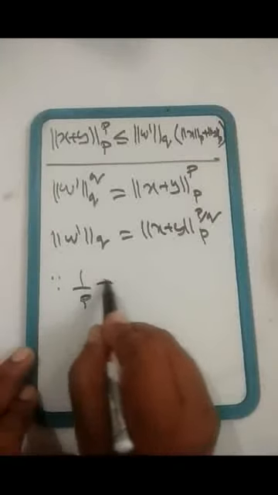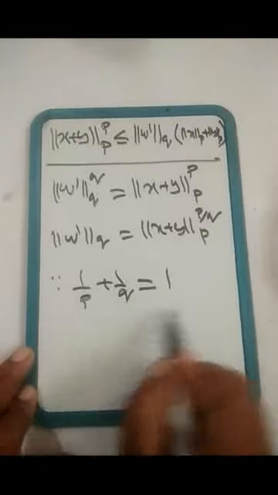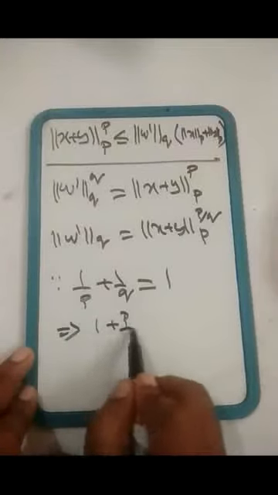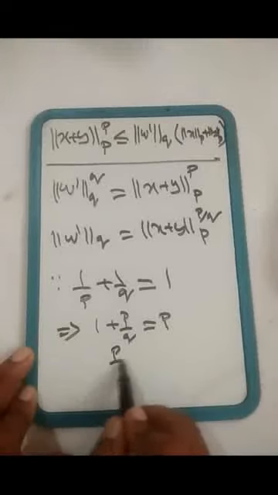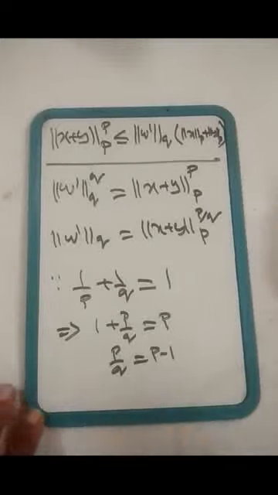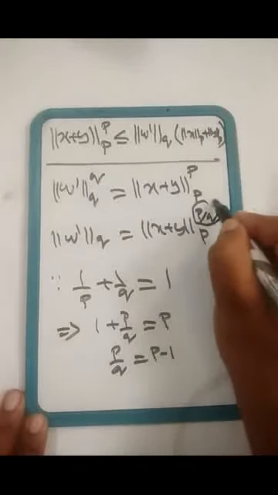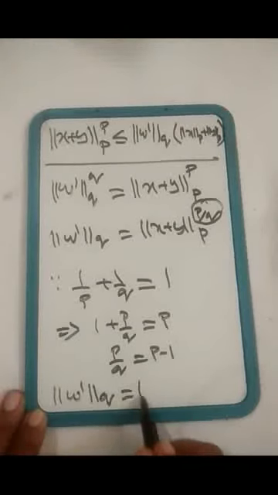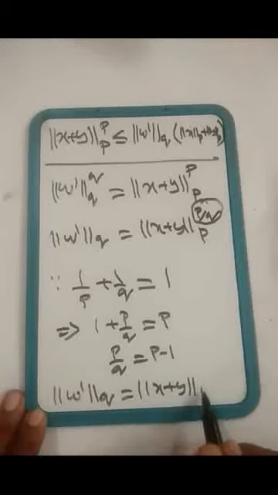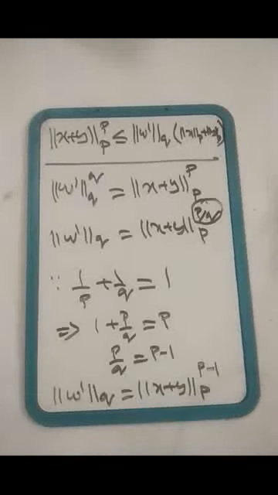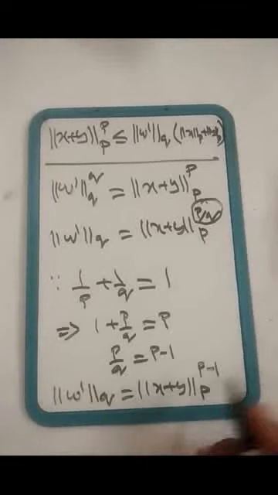Since 1 by P plus 1 by Q is equal to 1, this implies that multiplying by P, P by Q is equal to P minus 1. So this term over here becomes P minus 1. The qth norm, the P minus 1th power. Okay. This becomes the 1th power.